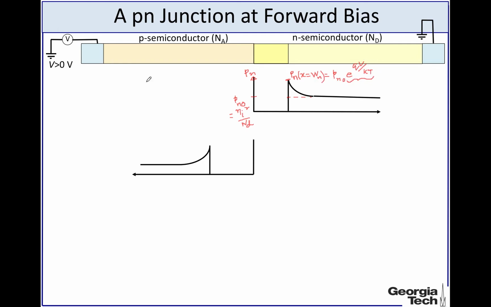The reason is that once you apply a forward bias voltage, the barrier for holes to go from p to n decreases by qV, and whenever there is barrier lowering, the injected carriers increase by an exponential factor of e to the power qV over kT.